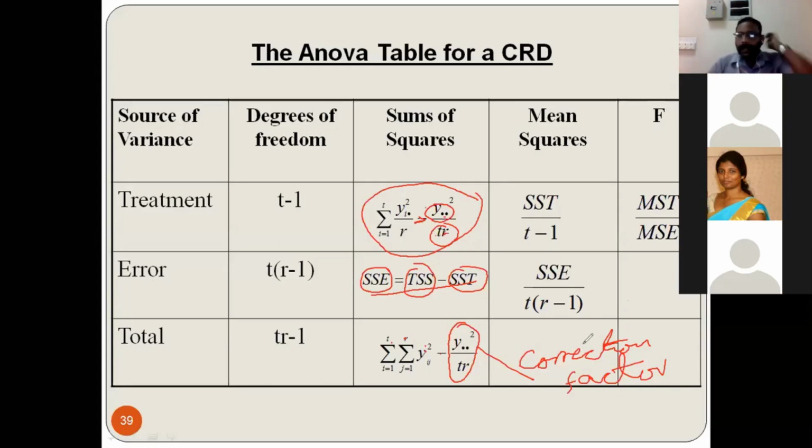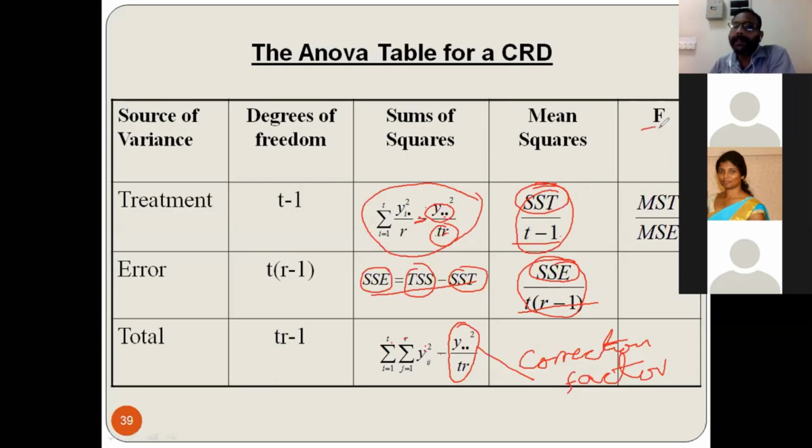Okay. Now the mean square is simply sums of square divided by their respective degrees of freedom. So this is the degrees of freedom for treatment. This is the degrees of freedom for error. So treatment sums of square divided by treatment degrees of freedom gives the mean square of treatment. Mean square of error is given as sums of square of error divided by degrees of freedom of error.